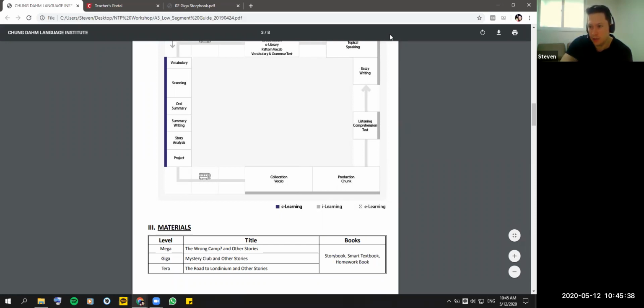Okay. I'm sending the A3 low segment guide, and for some reason I think it's not letting me send it, and I don't know what that is all about. I'm very confused. I just sent it to Richard directly, but it's now telling me I can't send it to everyone, and I have no idea why. Just give me one minute, everyone. I'm trying to get it going.